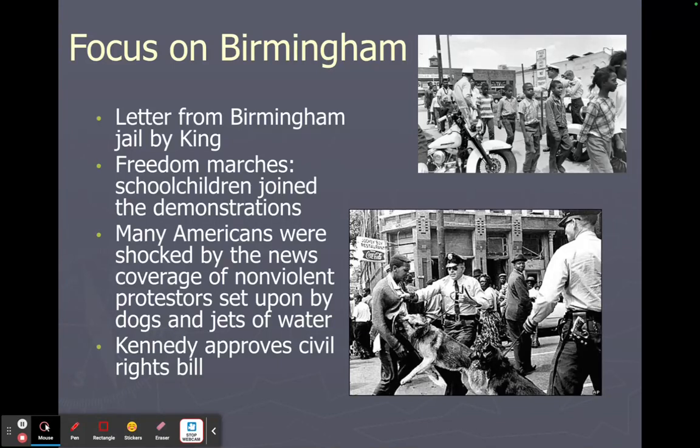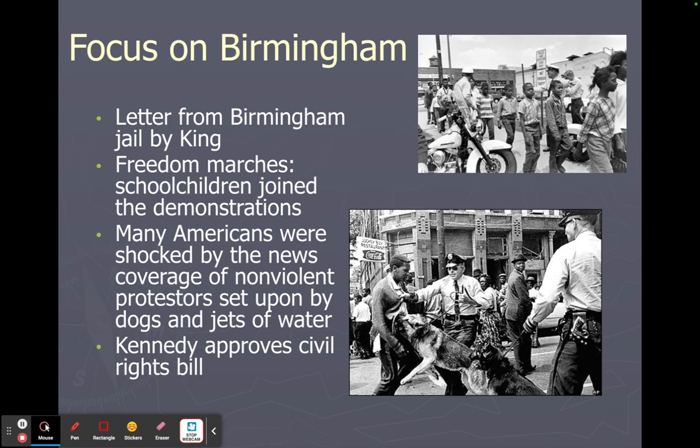So the South, as I said, will be a huge place that will kind of be the face of what's going on. But you also have, with the Letter from a Birmingham Jail, the focus turned to Birmingham, Alabama. You have freedom marches where school children, so young kids, took part, and this is where sometimes people say the civil rights movement was a little controversial, because people assumed that if children took part in the demonstrations the police are not going to assault children, but they found other ways around doing that.